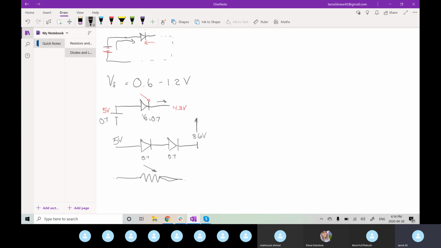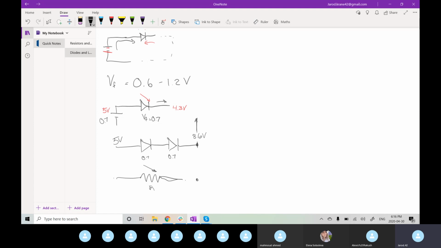So in that case, you could have a higher current at the output on the diodes, just depending on the resistance value, V equals IR, like we went through last time.